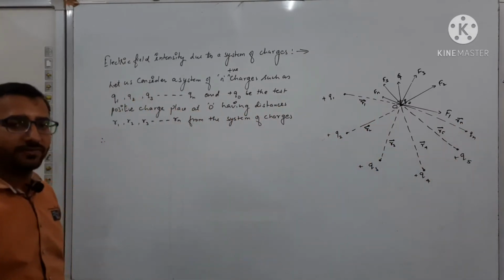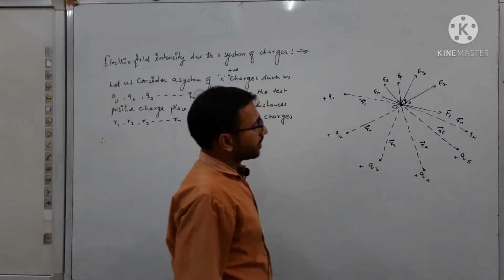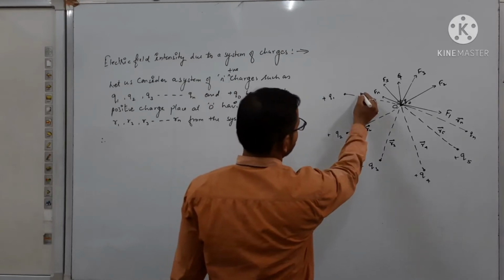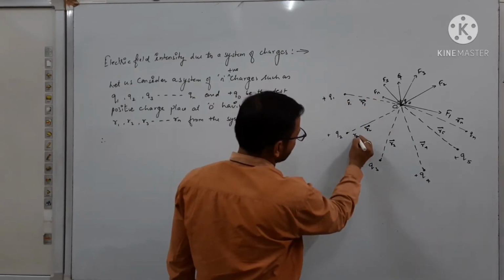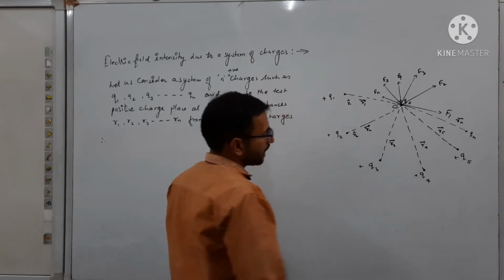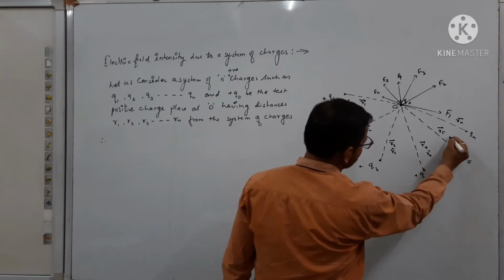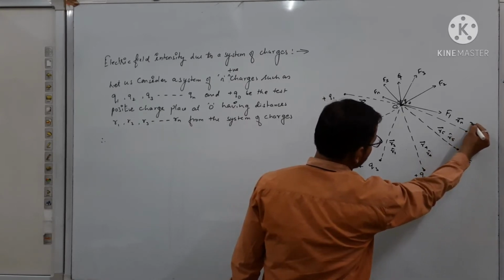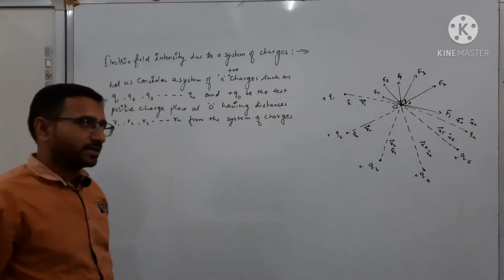And similarly, if we show the unit vector with respect to all the individual vectors, then we will use here R1 cap for this R1, R2 cap for this R2, R3 cap for this R3, R4 cap for this one, R5 cap for this one, Rn cap for this one. Got it? So this is our unit vector.